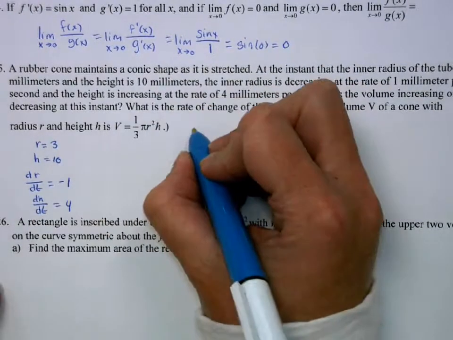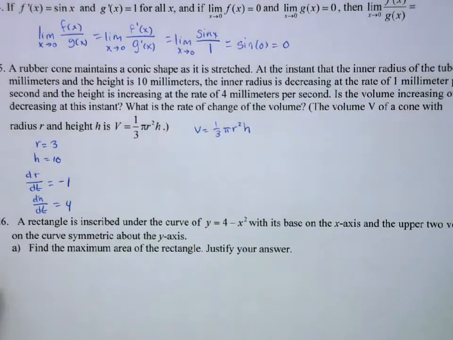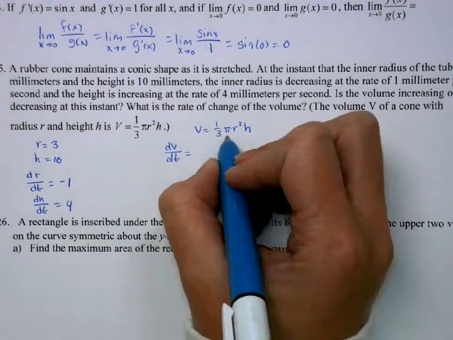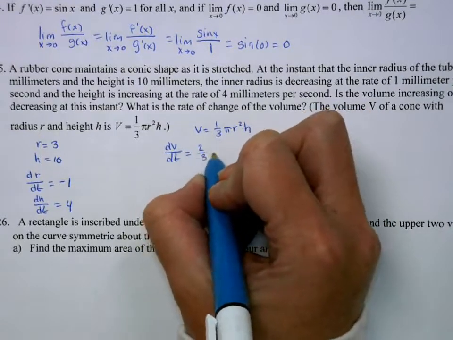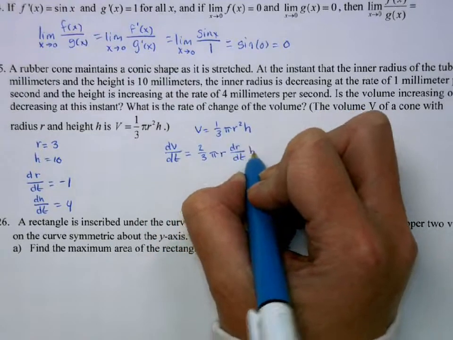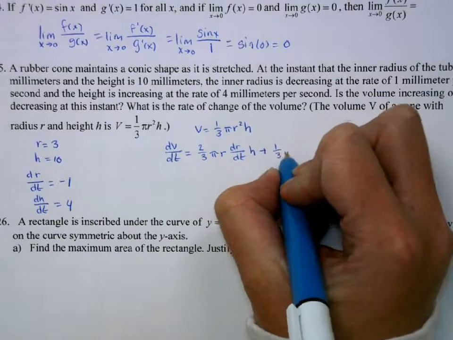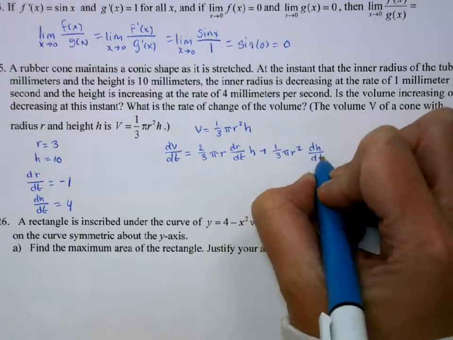So our volume is 1/3 pi r squared h. Okay, we're going to take the derivative of this and we're going to need to do the product rule. So dv dt is going to be, I'll take the derivative of this chunk, so 2/3 pi r dr dt times h plus 1/3 pi r squared times the derivative of h, which is going to be dh dt.